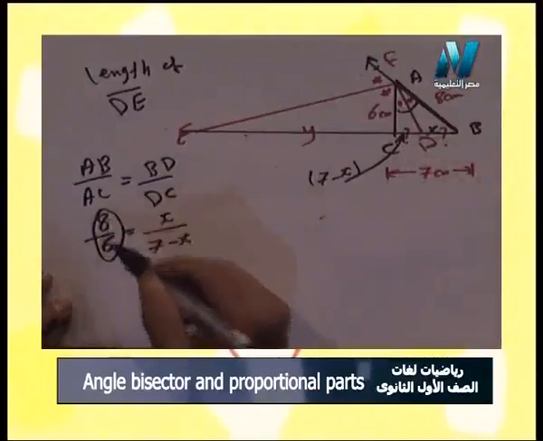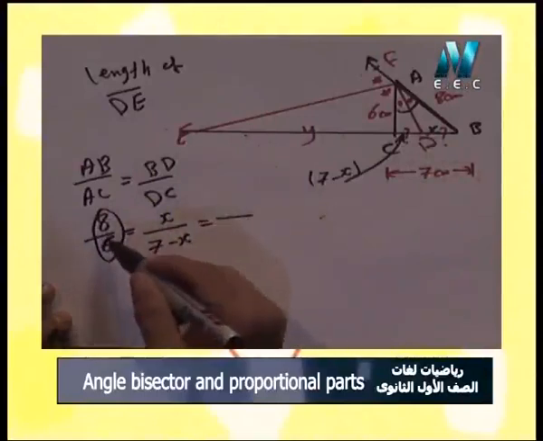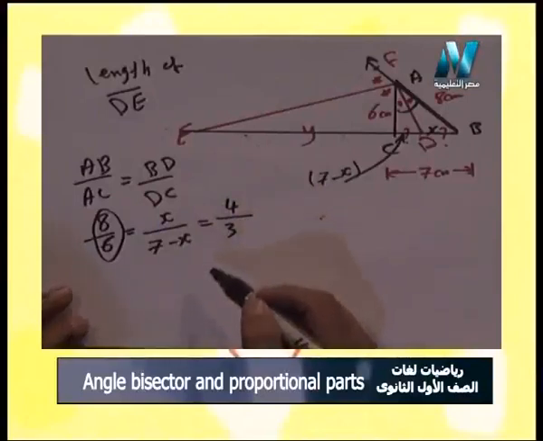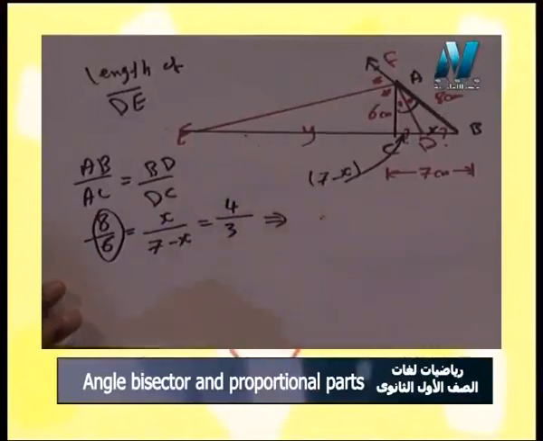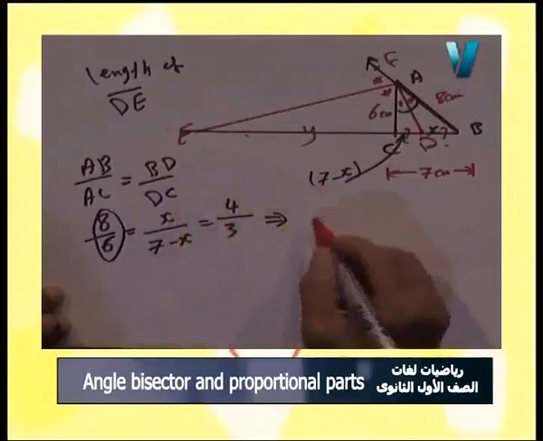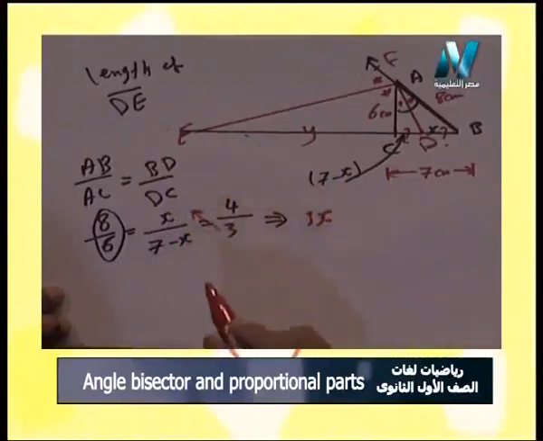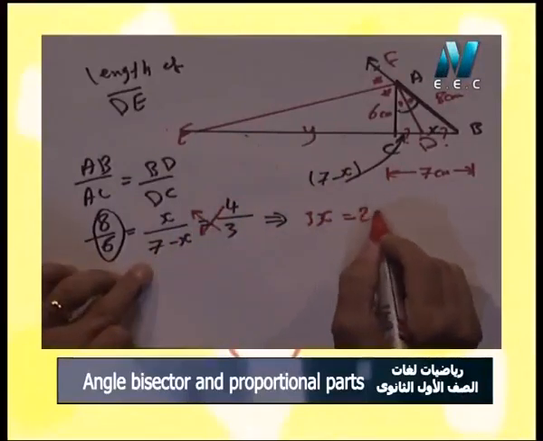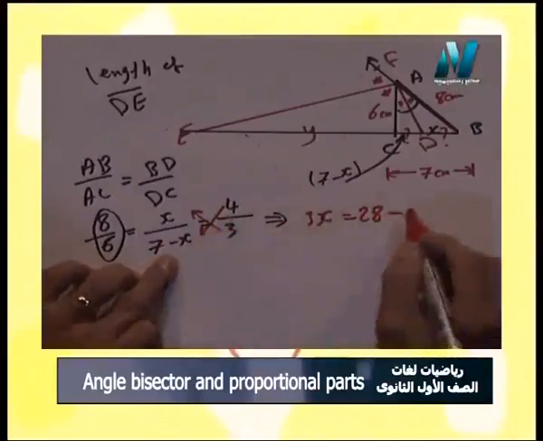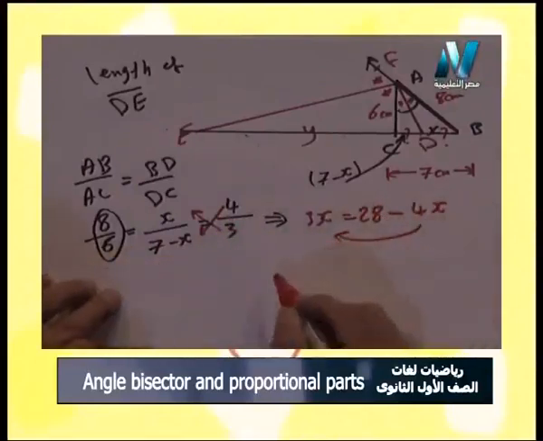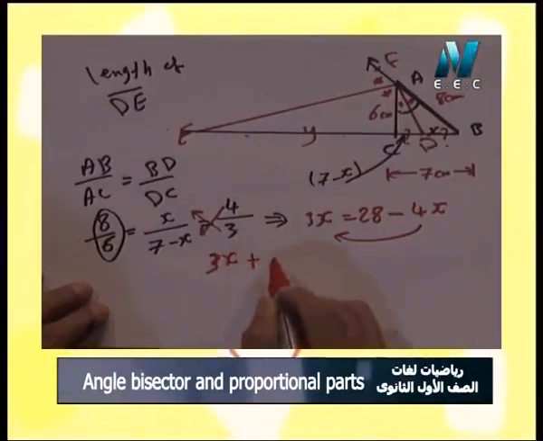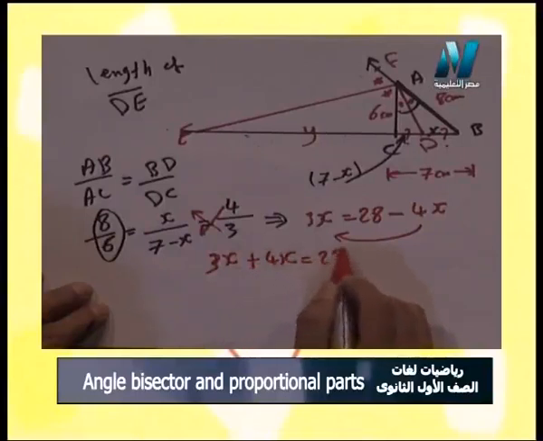Let us simplify this ratio. 8 and 6 can be divided by 2. It will be 4 over 3. And using cross multiplication, 3 times x equals 3x, and 4 multiplied by 7 minus x. 4 multiplied by 7 equals 28, minus 4 times x equals 4x. And you can transfer x here to be 3x plus 4x equals 28.